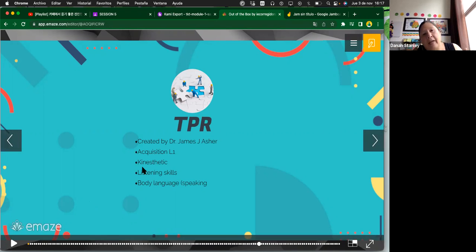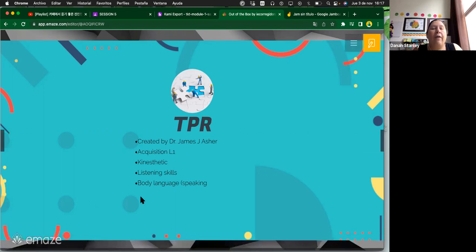It's really kinesthetic. For the students who are very kinesthetic, it's going to be fantastic because they have different processes in their brain. So we can say that we are using most parts of the brain at the same time while doing this TPR.